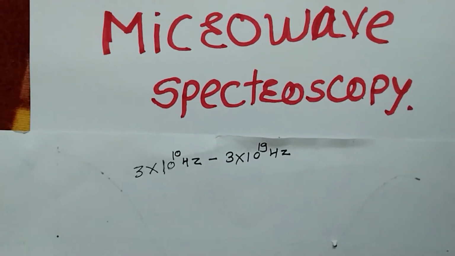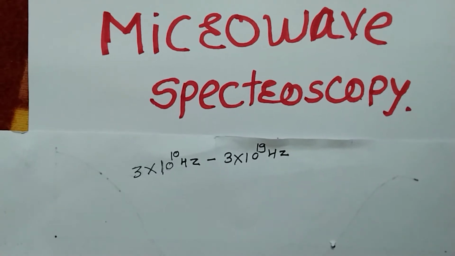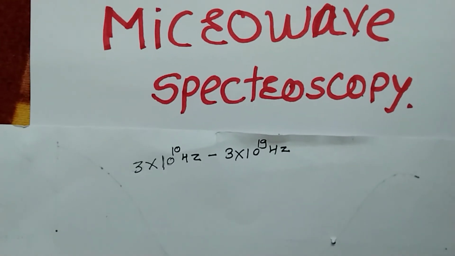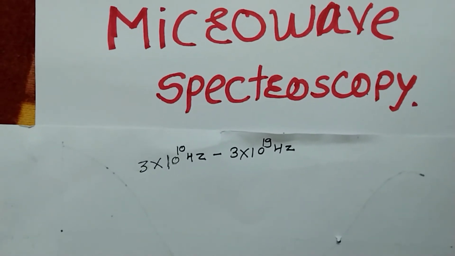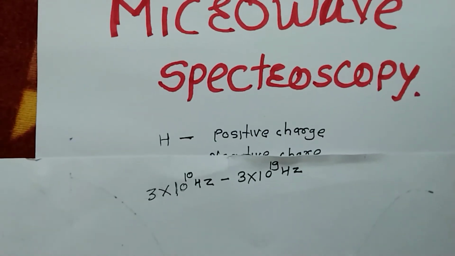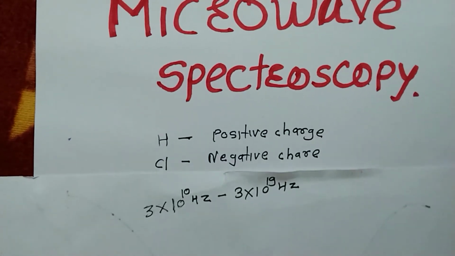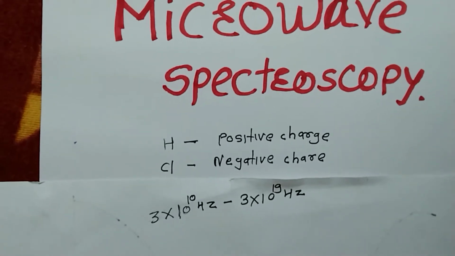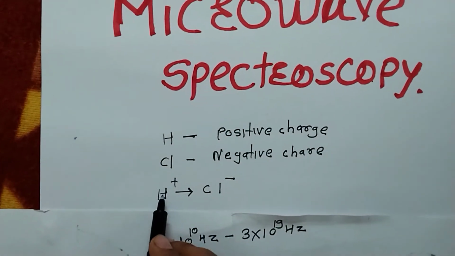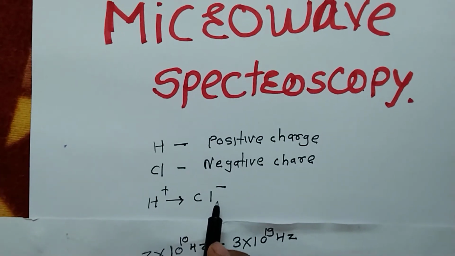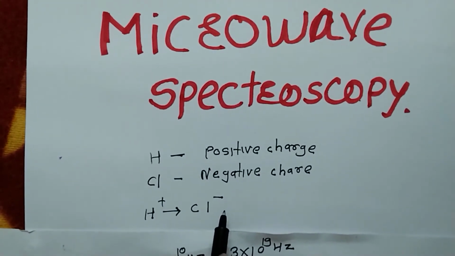To study rotational spectroscopy, first we need to know about the dipole moment, which we also saw in the last lecture. Let us remind ourselves: in HCl, H has a positive charge and Cl has a negative charge.